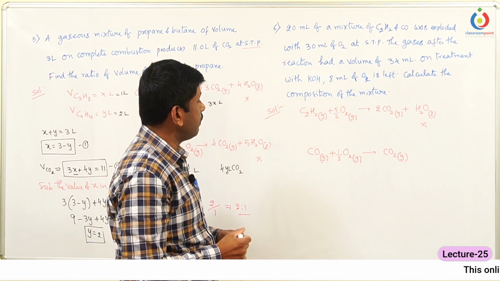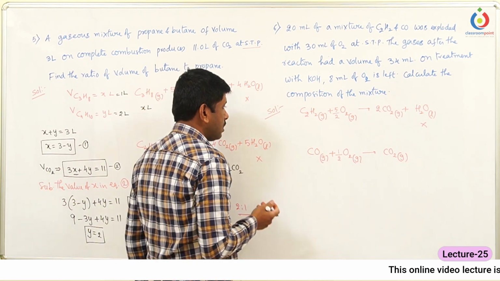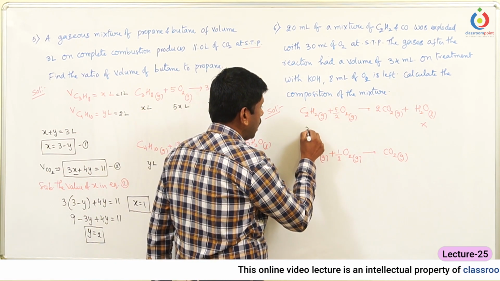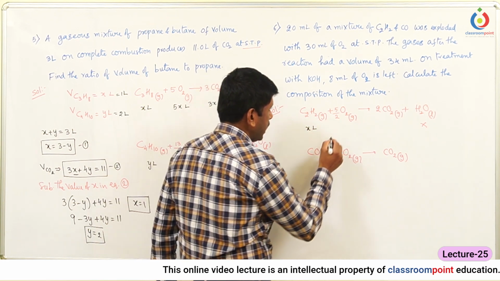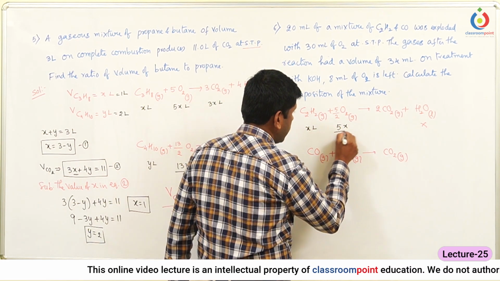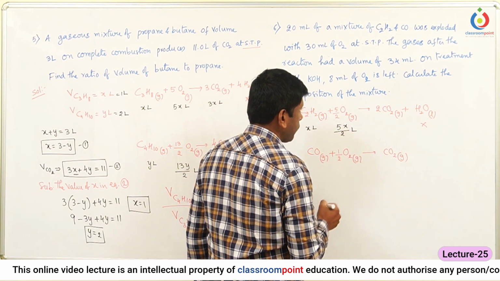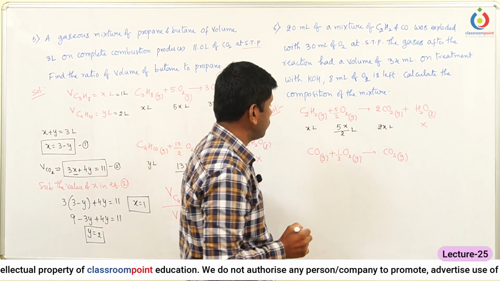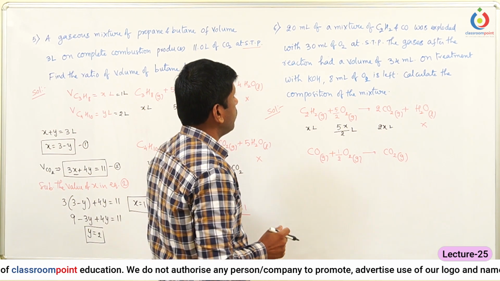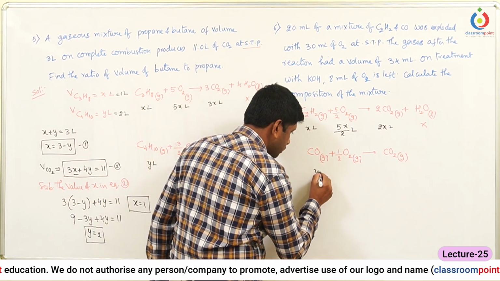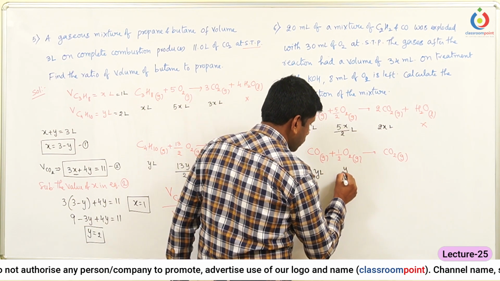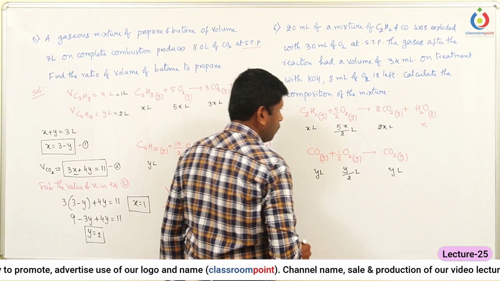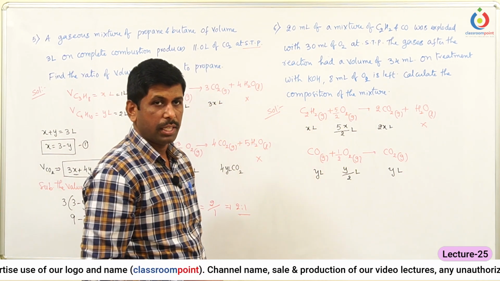So let's write down the given values here. Similarly, let us take the volume of the C2H2 as we don't know, I am taking it as x. It reacts with 5x by 2 of oxygen and will produce 2x of carbon dioxide. And in the case of carbon monoxide, let us take it as y, which reacts with y by 2 of oxygen and produces y of carbon dioxide.